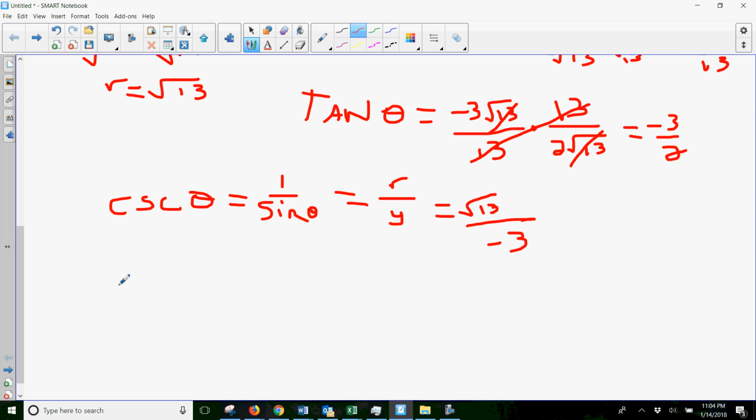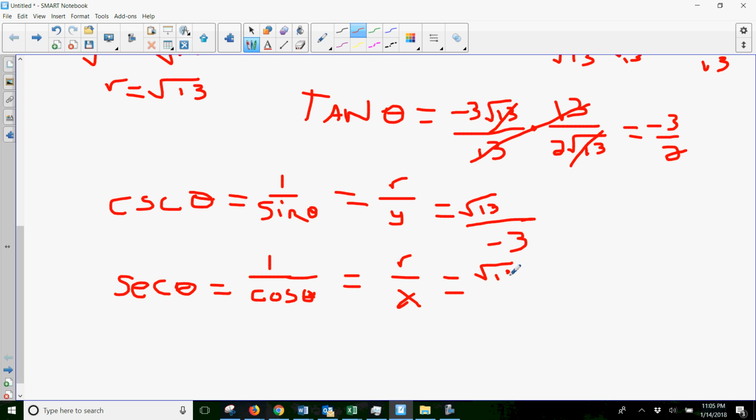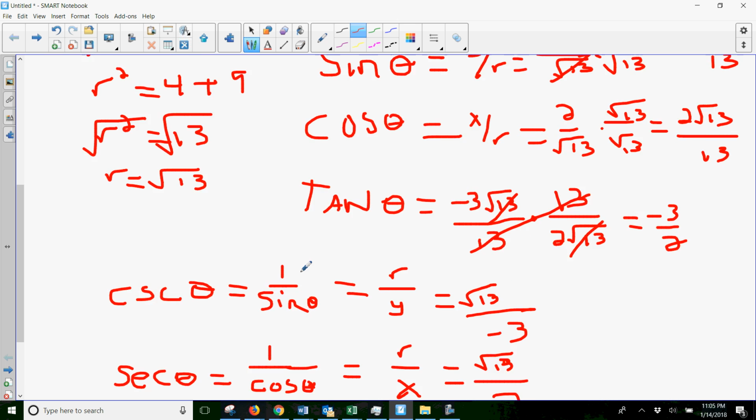For secant theta, we're going to get 1 over cosine. So that's going to equal r over x. So this will become the square root of 13 over 2.